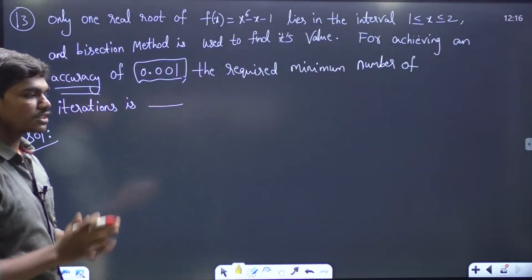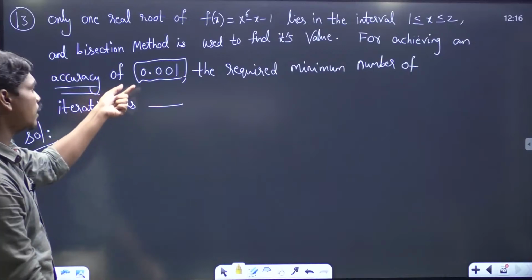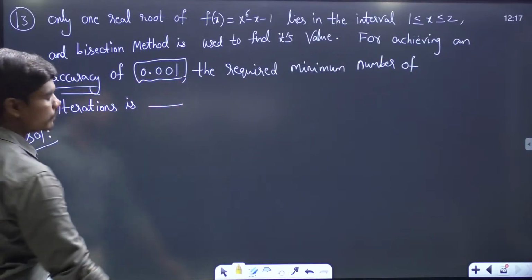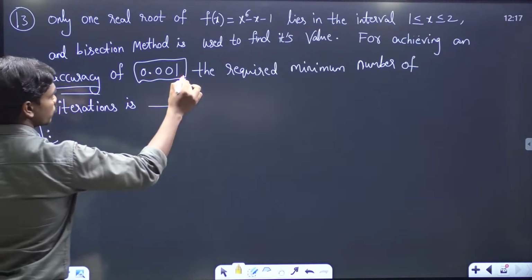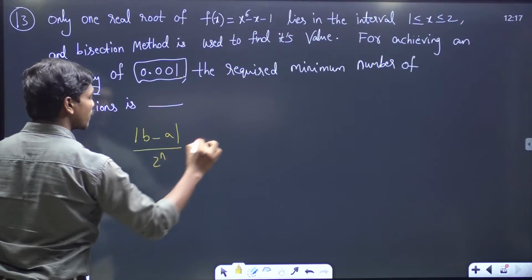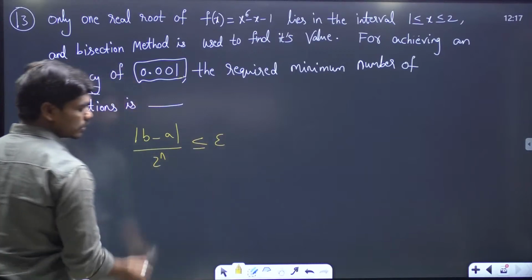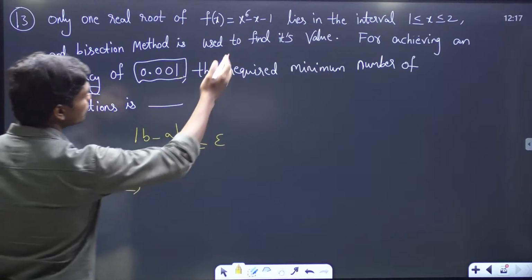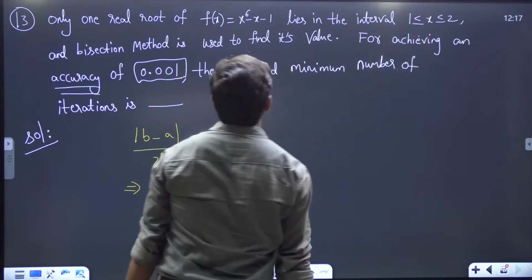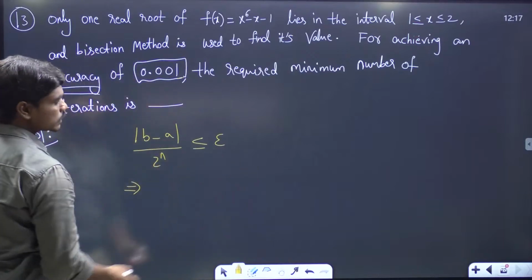So, the minimum number of iterations that you need to have the accuracy of the iterative solution to be 0.001 accurate. If you apply this formula, modulus of (b minus a) divided by 2 power n is less than or equal to epsilon. The interval is [a, b] with 1 less than or equal to x less than or equal to 2, so you can take the interval as 1 comma 2.